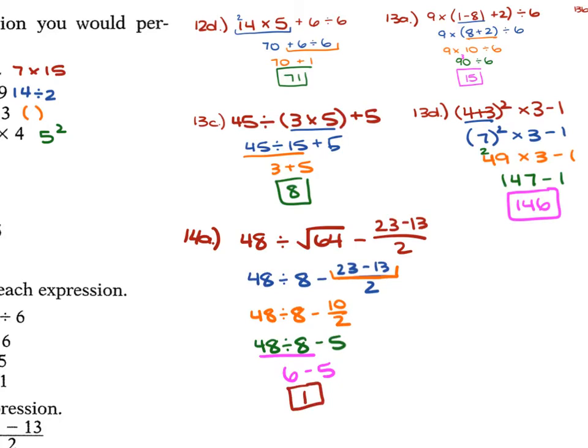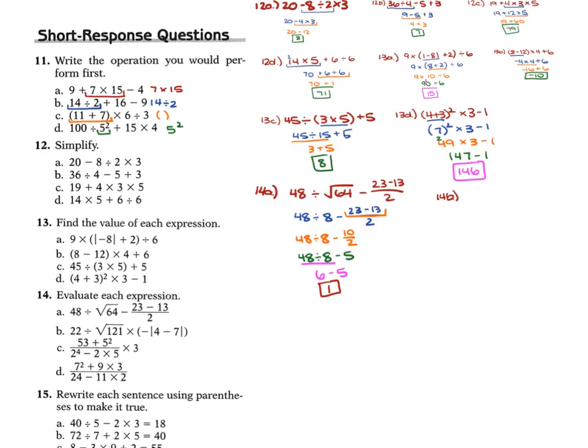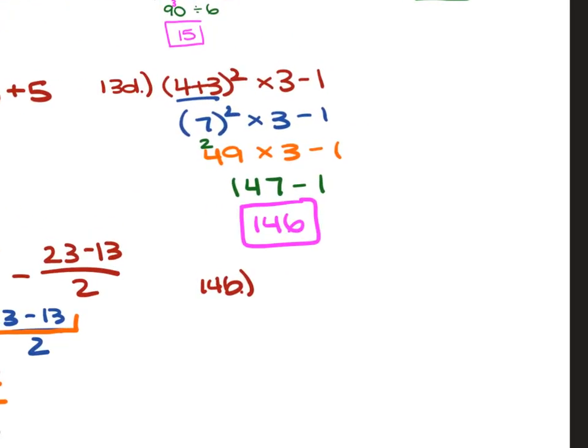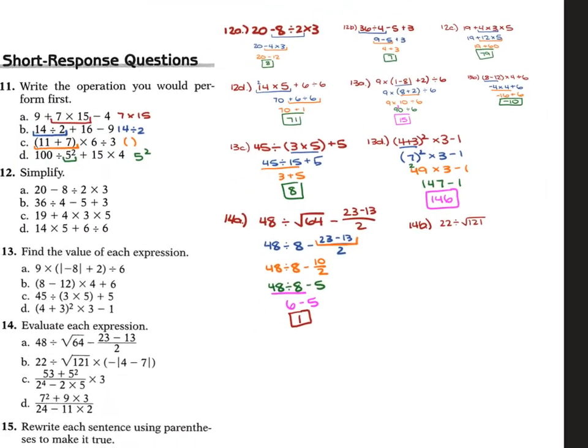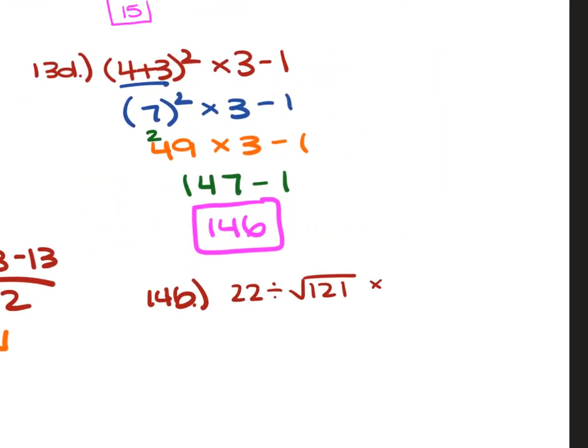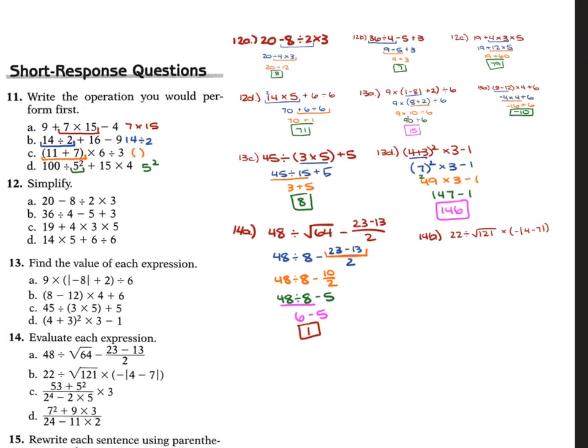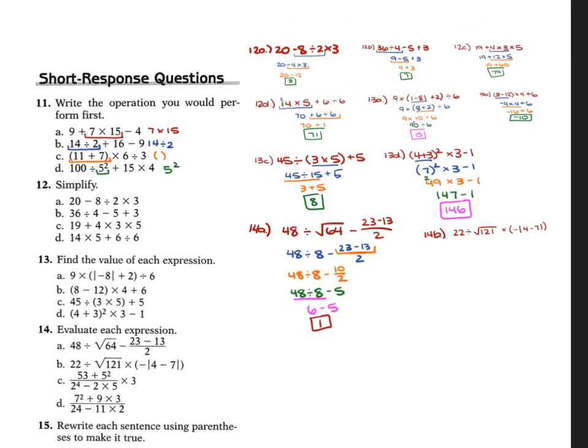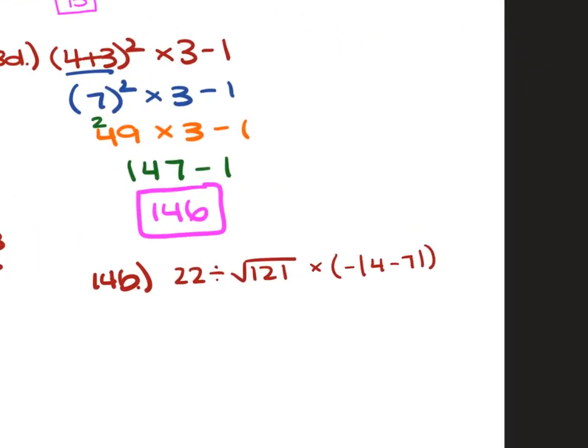For 14b, we are given 22 divided by the square root of 121 times parentheses negative absolute value of 4 minus 7, close parentheses. Okay, so we're going to simplify what's in the parentheses first.